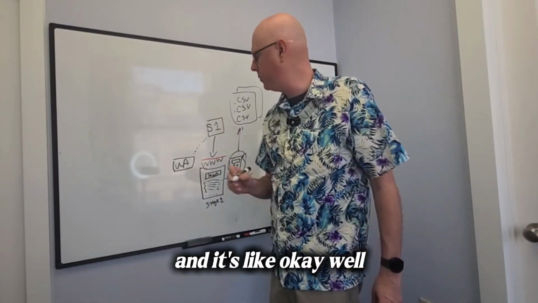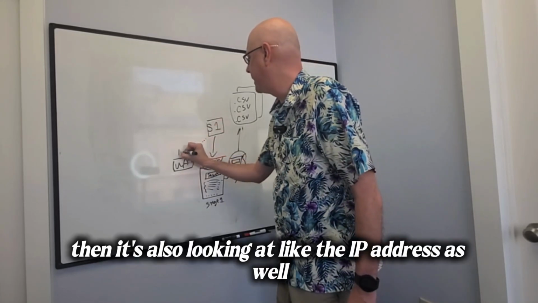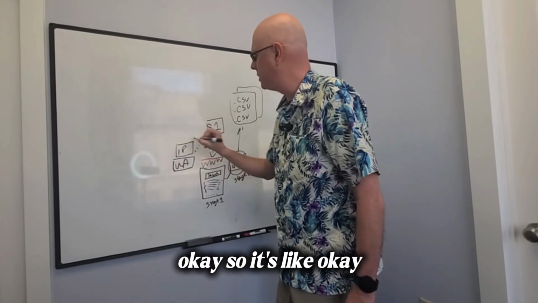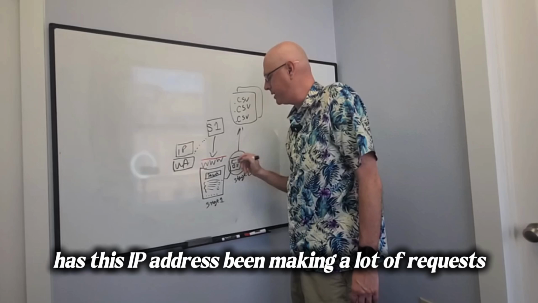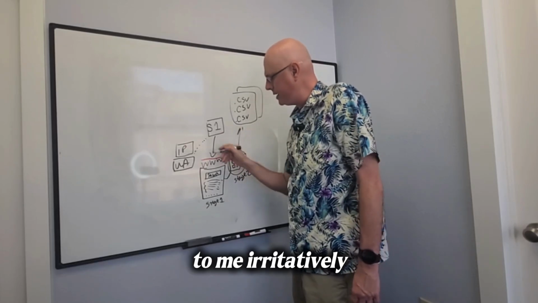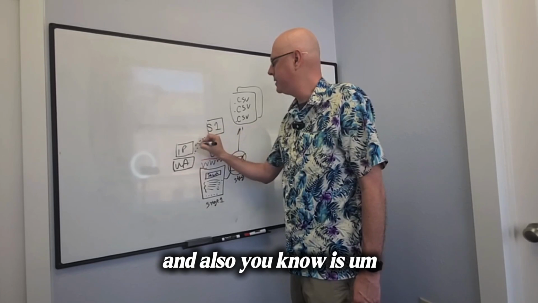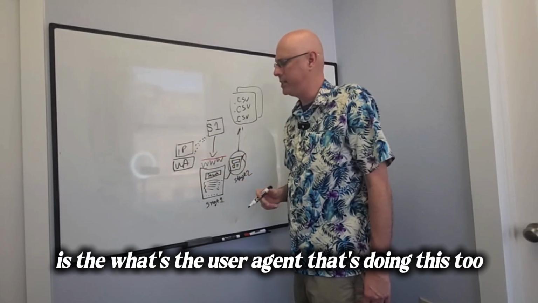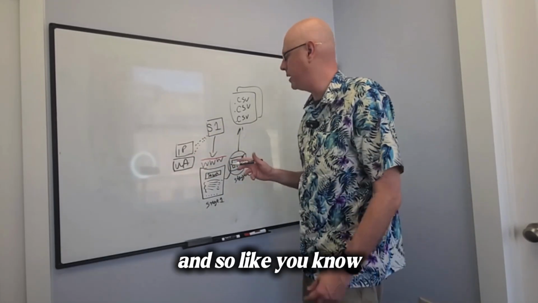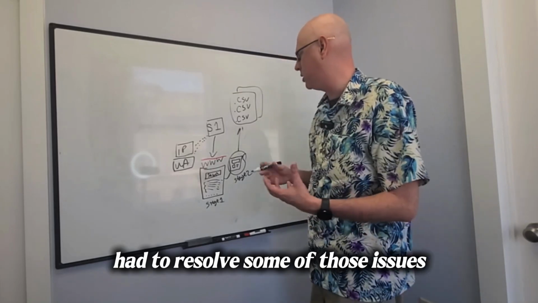It's also looking at the IP address: has this IP address been making a lot of requests to me iteratively? And also, what's the user agent that's doing this? So I had to resolve some of those issues.